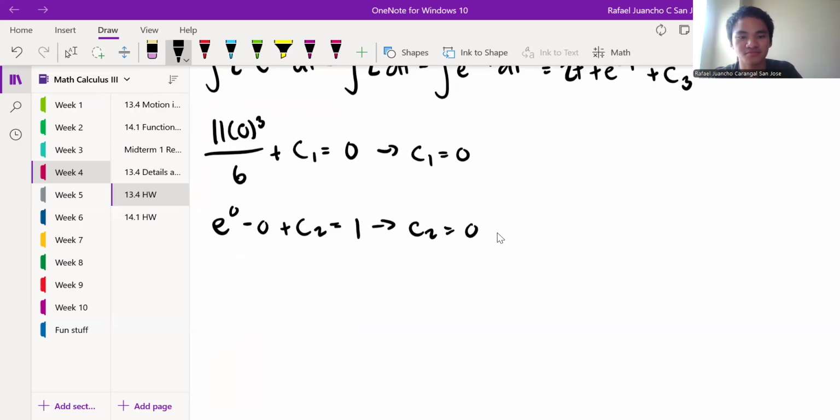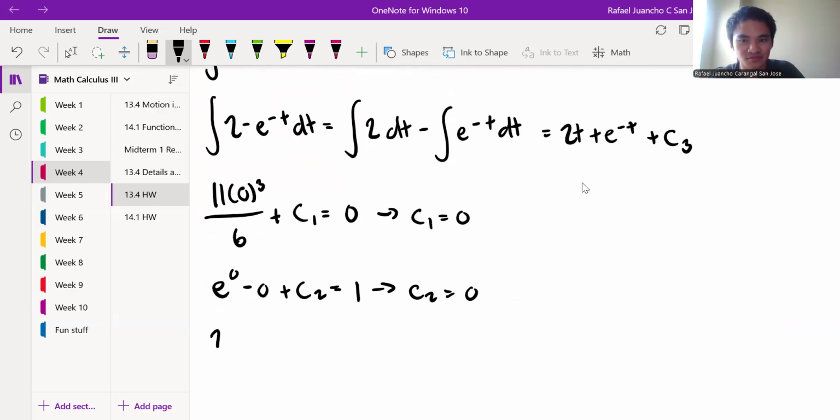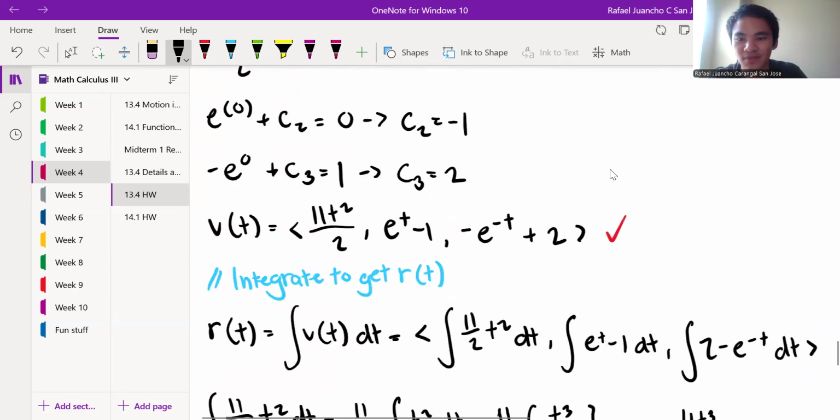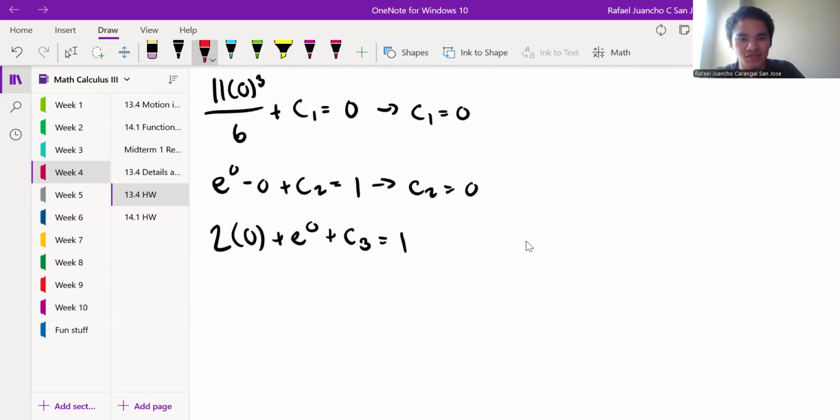Right? Last. 2 times 0 plus e to the 0 plus c3 is equal to 1, right? So this is 0 plus 1 plus c3 equals 1. Well, this is just 0. So I completely get rid of my constants.